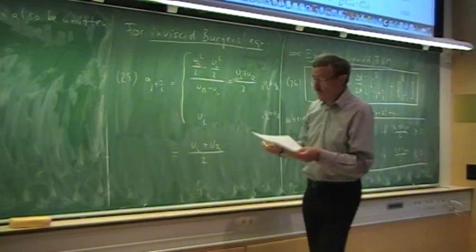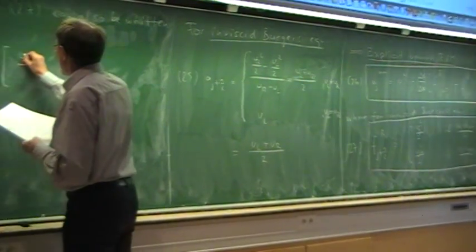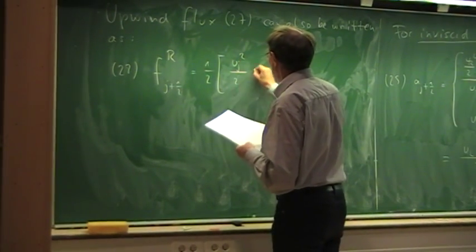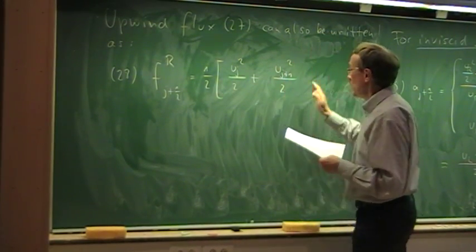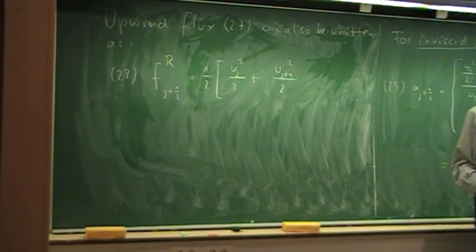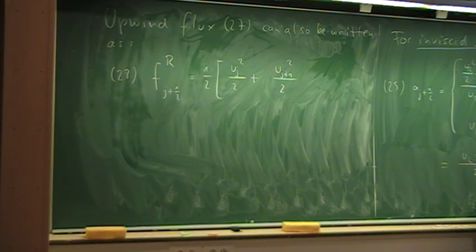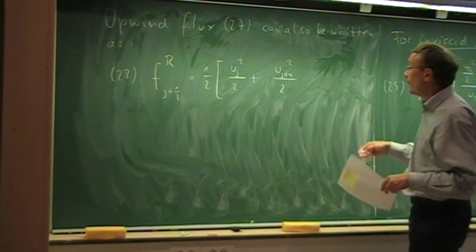That is then uj squared half plus uj plus 1 squared half. If we would stop here, we would have the central finite volume method, of which we know it is unstable for the linear advection equation with the explicit Euler method in time. So that will not work.